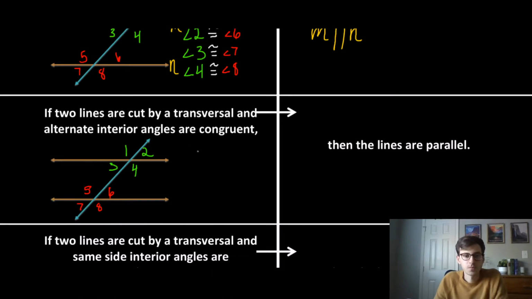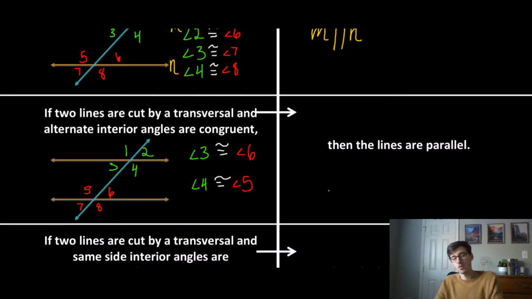If angle 3 and angle 6 are congruent, or angle 4 and angle 5 are congruent, if either of those are true, then the lines are parallel. Because if one of those is true, then the other would be true as well.